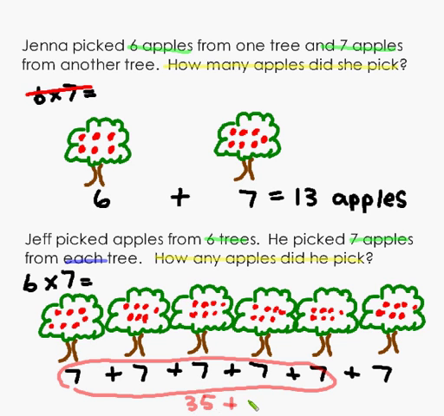And then I just have to add 7 more. So 35 plus 7 is equal to 42. Six groups of 7 is equal to 42 apples. Jeff picked 42 apples.